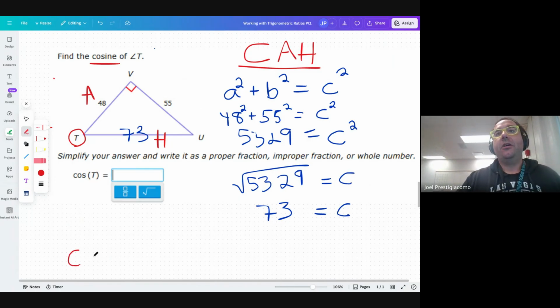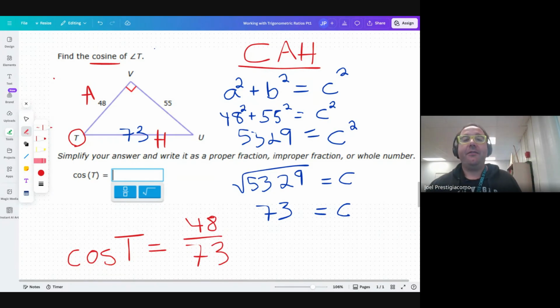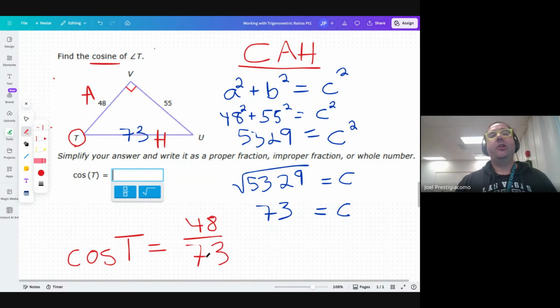So we're going to say here the cosine of T is going to equal the adjacent side, which is 48, over the hypotenuse, which is 73. Now, I'm fairly certain that these don't have any common numbers between them, pretty sure. And so this is the final answer.